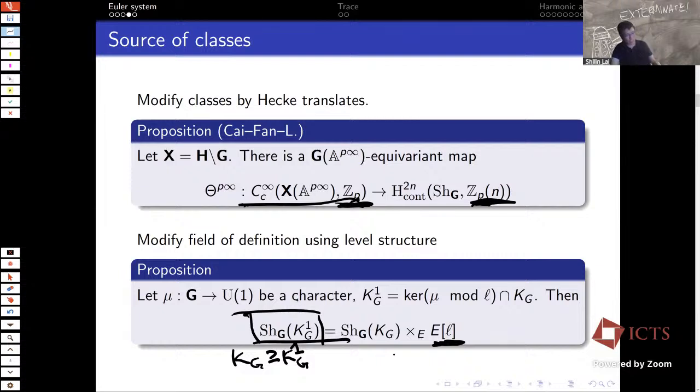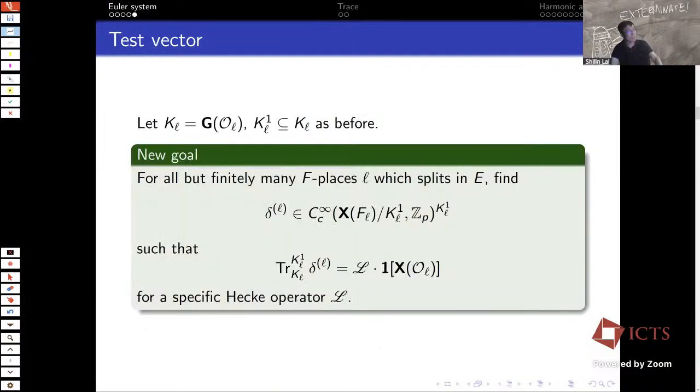Right? So altogether, the Euler system relation becomes purely a question of finding correct test vectors. So we need smooth compactly supported functions of X. We want KL1 invariant functions of X with values in ZP, not QP.